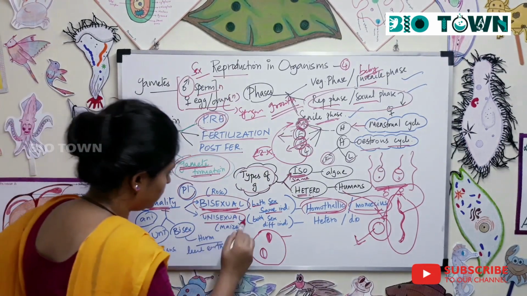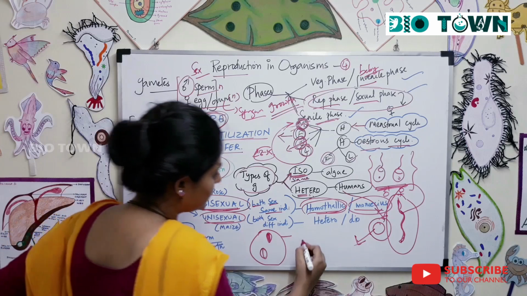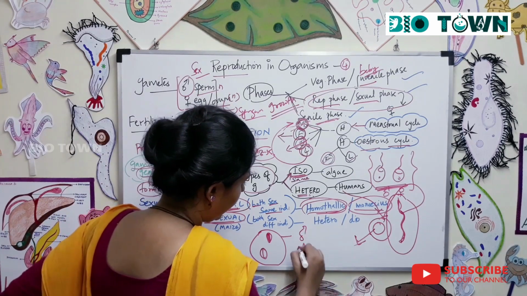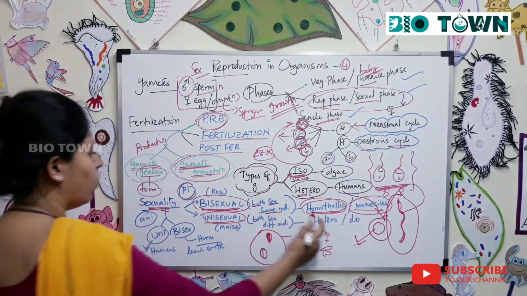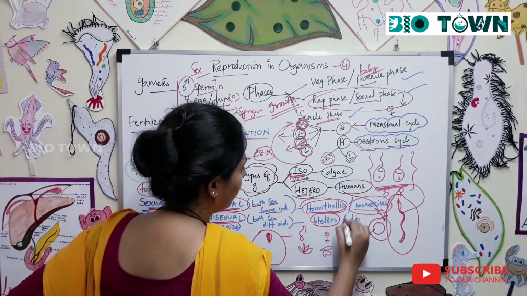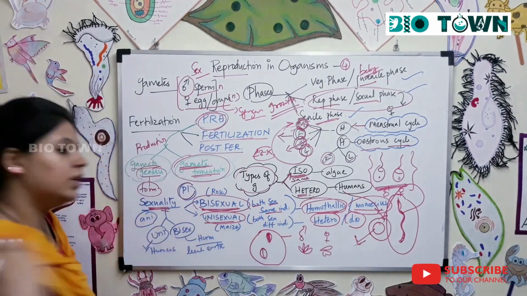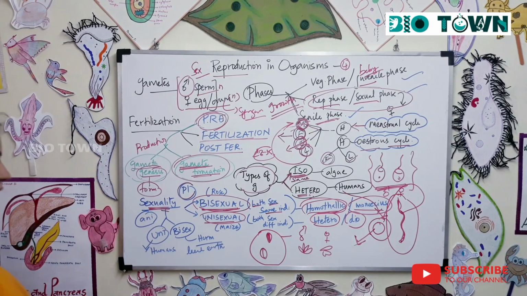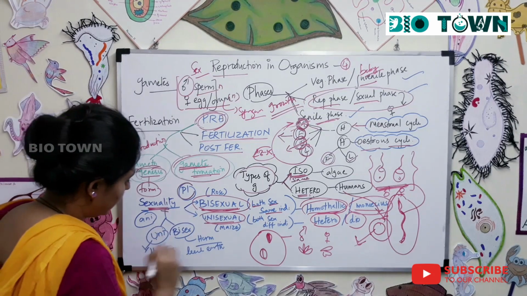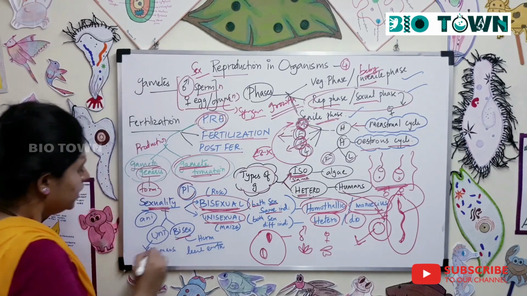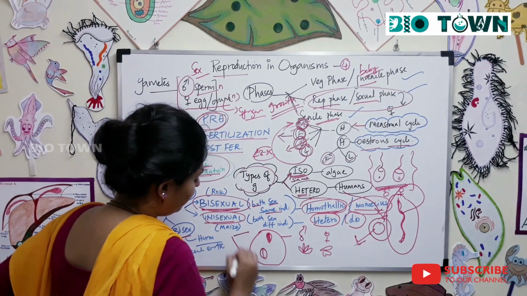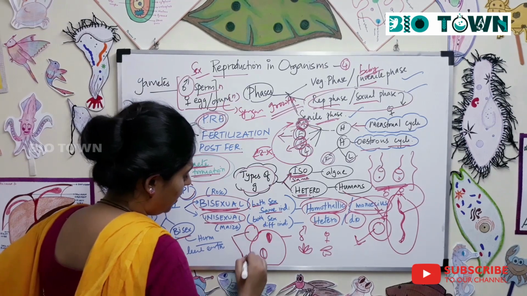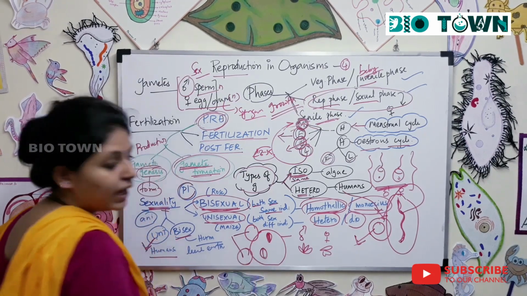Next is a unisexual flower, where there is a separate male flower and a separate female flower, right? And that you also call heterothallic or dioecious. So next we will move on to the sexuality in animals, unisexual and bisexual. In unisexual, we have humans, male and female, males that produce sperm and females which produce egg, right?